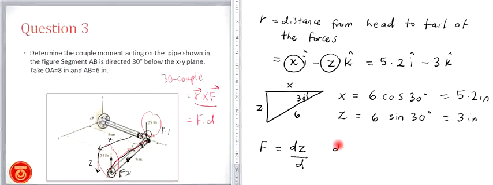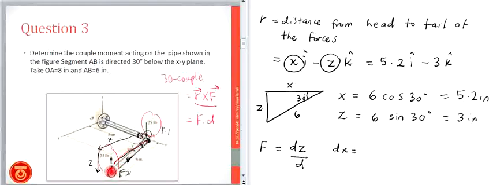Here dx is 0 because it only goes up, so there is no x value.